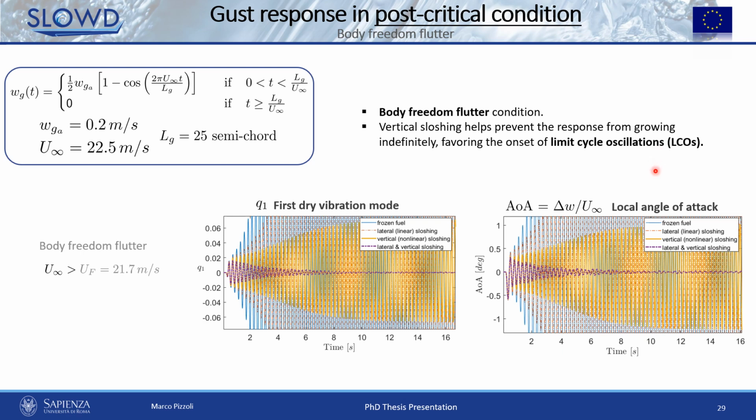And so this confirms the very important effects of vertical sloshing in load alleviation. So this could be very important in the design phase of the loads acting on an aircraft.